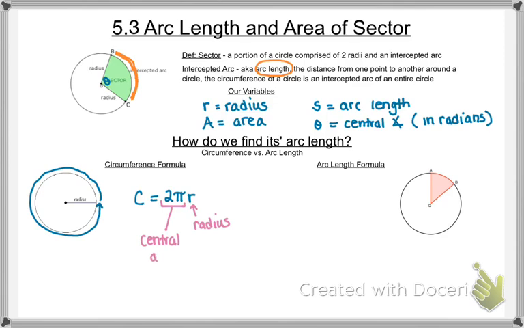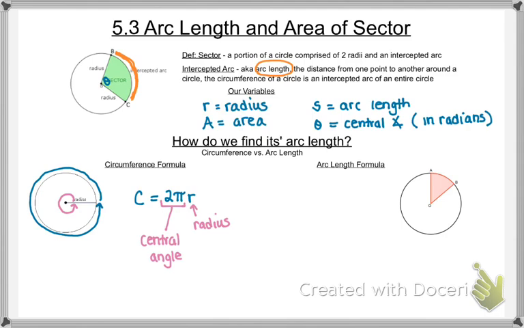Because we're looking for the circumference, the distance around the entire circle, the measure of the angle that covers the entire circle in radians is 2 pi, right? Remember that one full circle is 360 degrees. 180 degrees is pi radians.